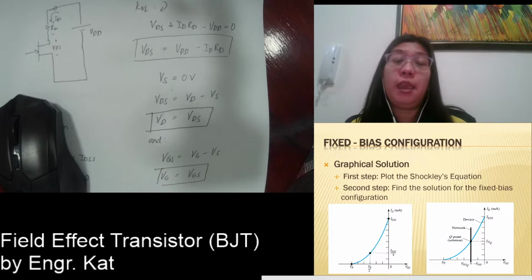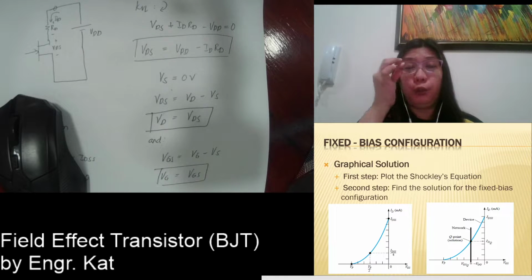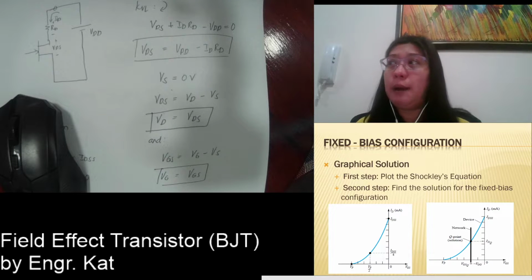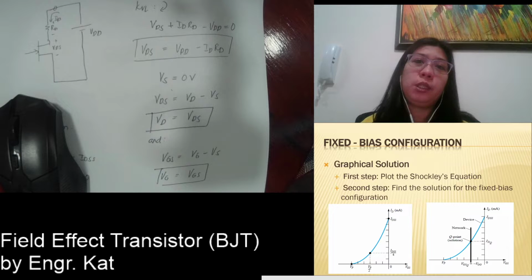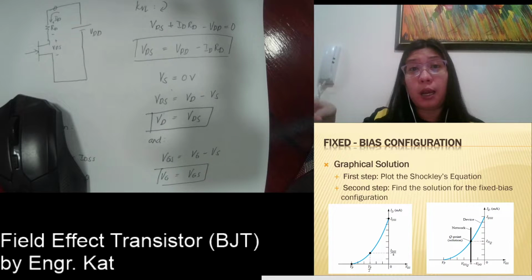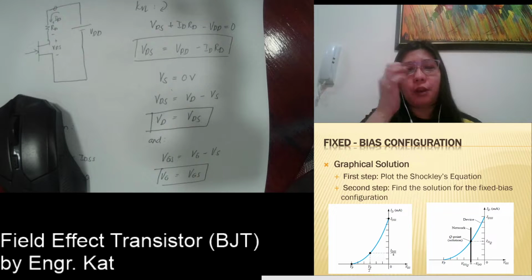However, we have an alternative solution, which is your graphical solution. Although when you have a fixed bias configuration, it is very much advisable to just use the mathematical solution. But we're going to discuss the graphical solution just for the preparation for our next configurations. So how are we going to apply graphical solution?